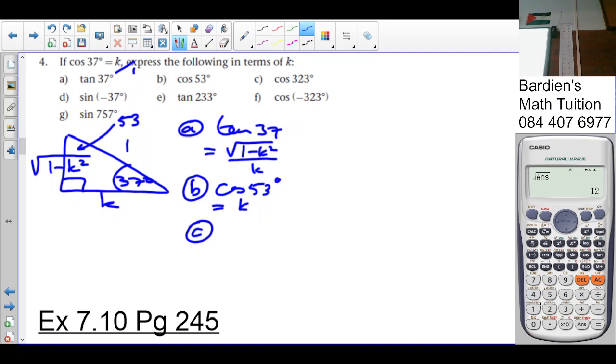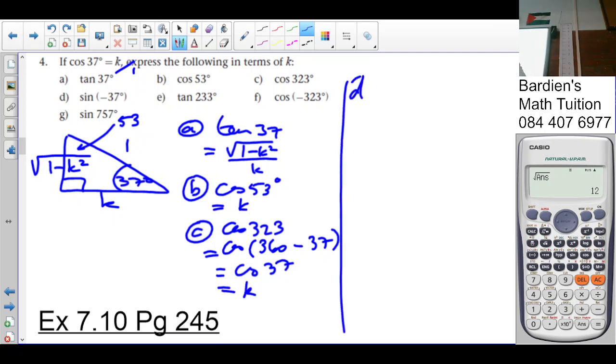C. Cos of 323. Which quadrant is 323 in? Fourth quadrant. Is cos positive or negative? Positive in the fourth quadrant. So there's 360 minus 37, which is cos 37. Cos of 37 is k over 1, which is k.